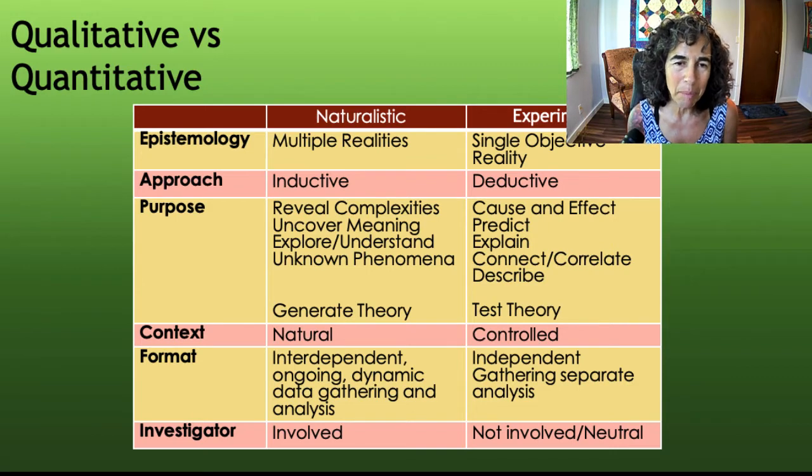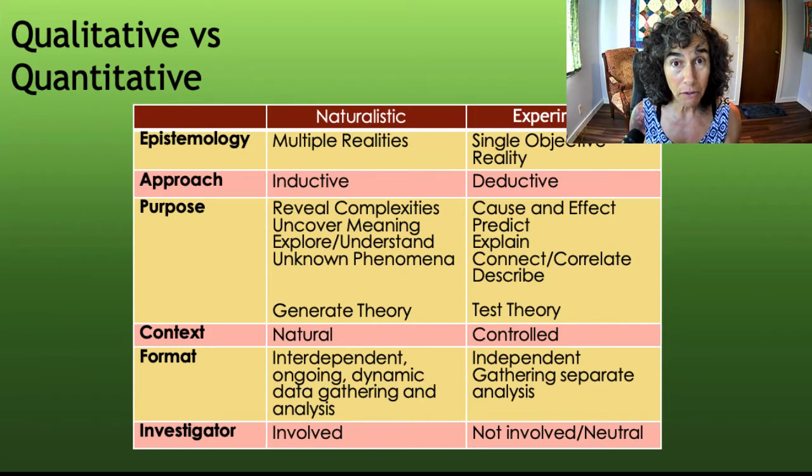Just one example at the bottom, right? The investigator, that means the researcher. With qualitative research, the investigator is very involved, right? So they actually are conducting the interviews. They may go in, if you think about like anthropology or sociology, they may actually go and live with the people that they're studying.